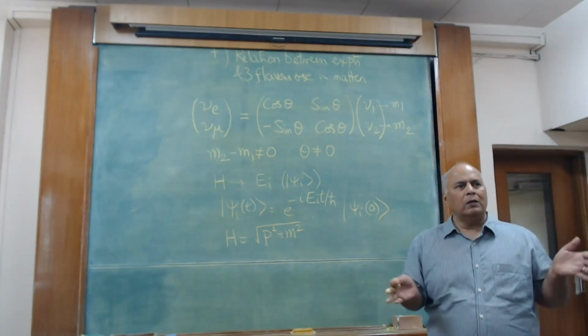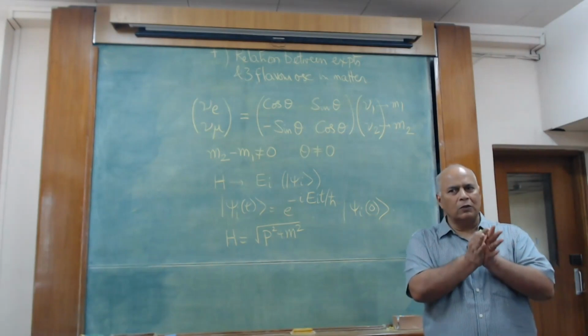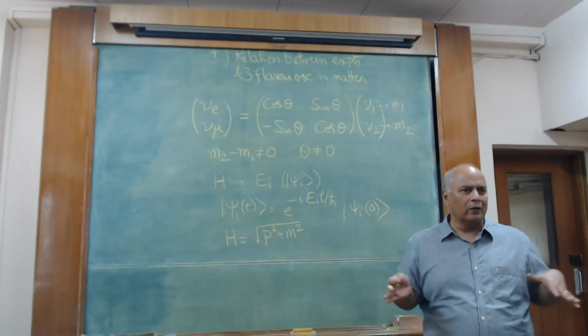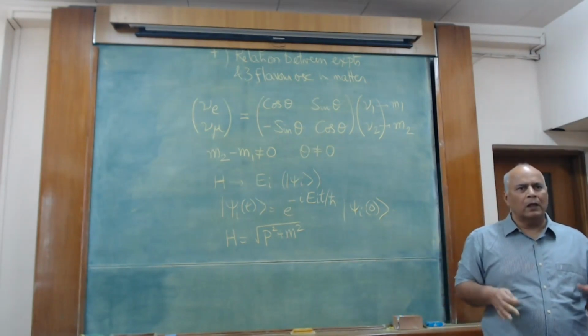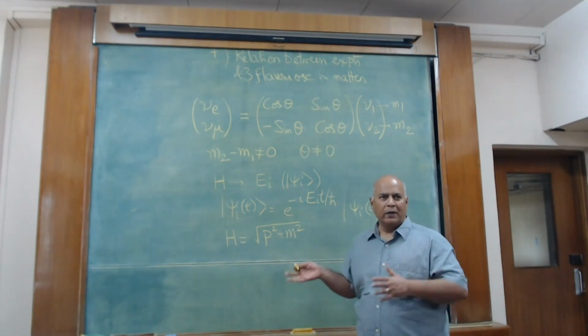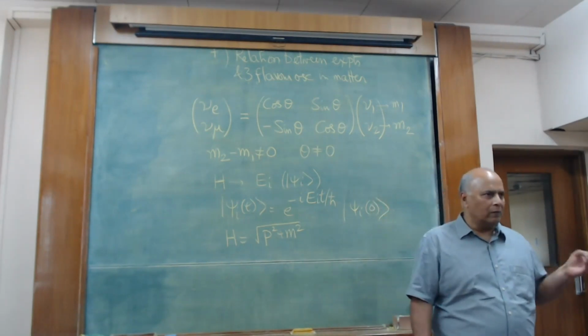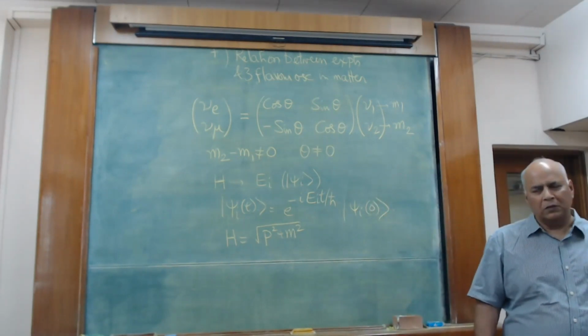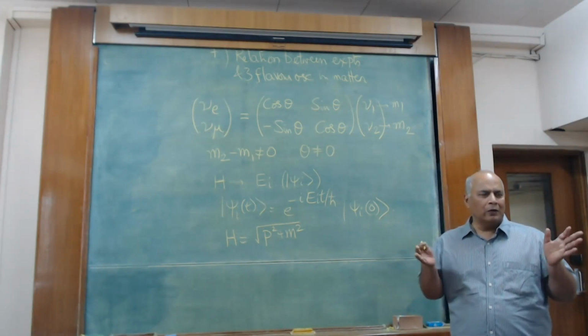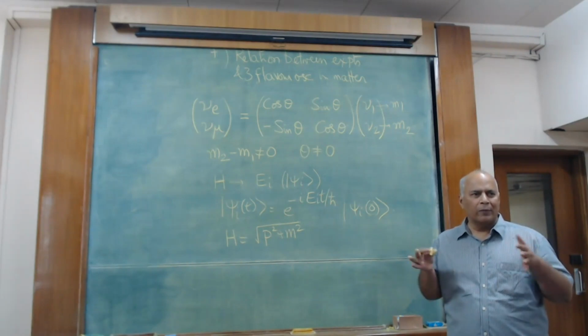You have all learnt about, in your quantum mechanics, irreducible representations of angular momentum, and there is a corresponding concept in quantum field theory which goes under the name Wigner's theorem, or irreducible representations of Poincare group.